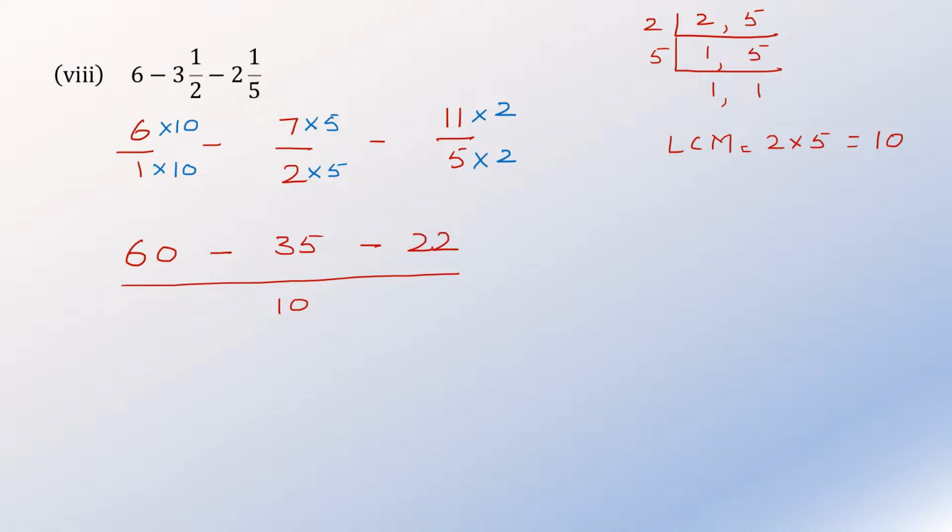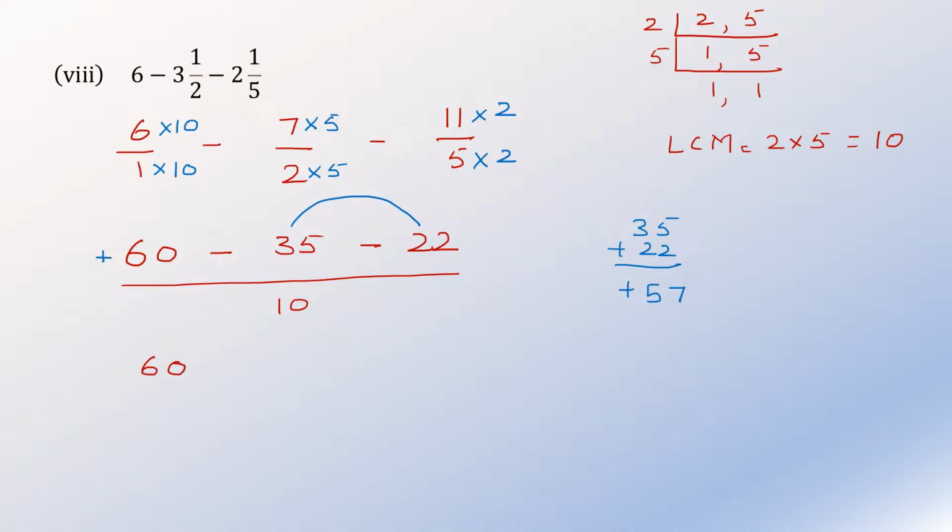Let's add up the numbers with the same sign. This has a plus sign. These two have a minus sign. So let's add it up. So 35 plus 22. We get 5 plus 2 is 7. 3 plus 2 is 5. We've got 57 here when we added up these two. Okay, now let's write down the numbers here. 60, we write it as it is.